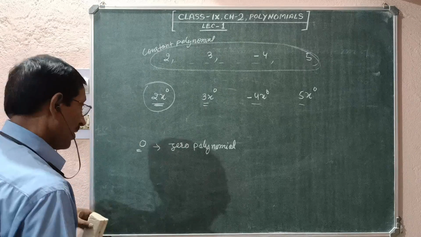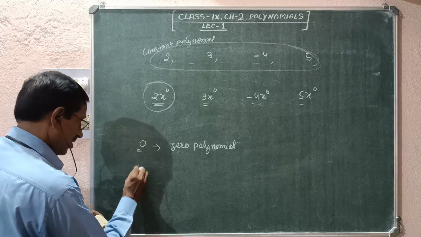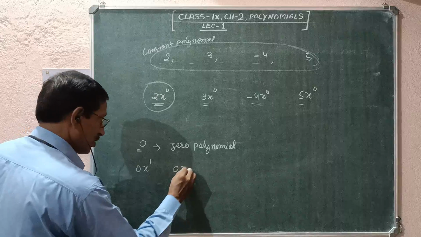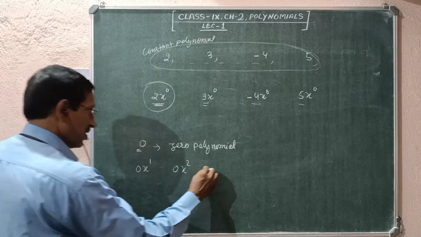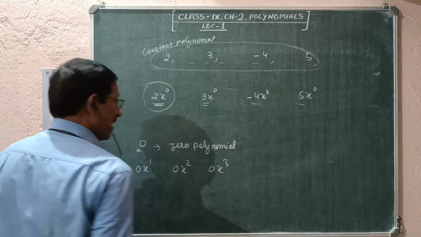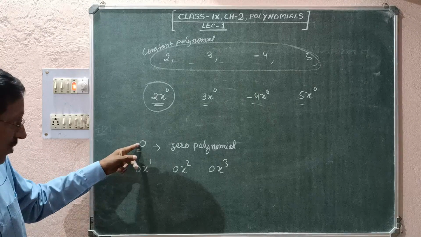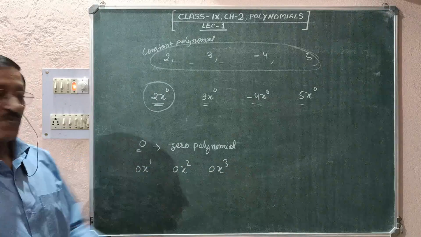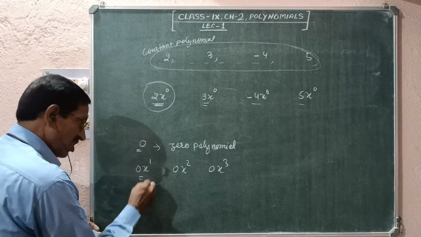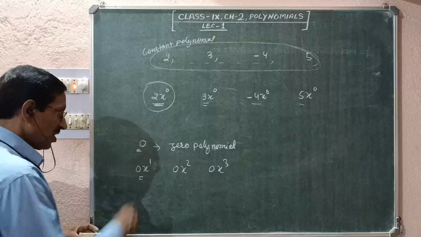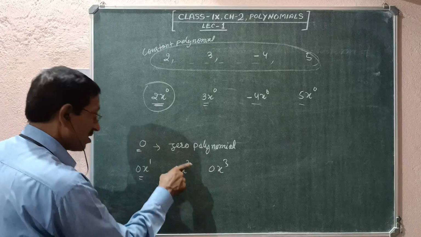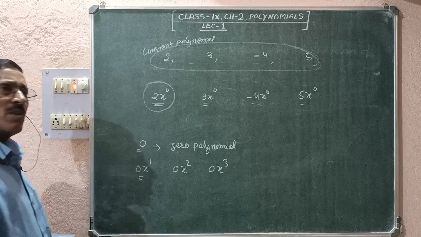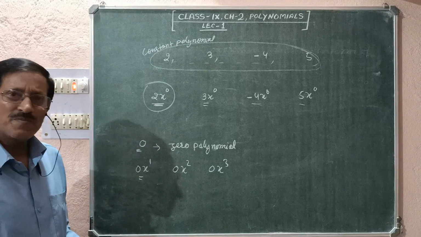Why? Because 0 may be written as 0x to the power 1, 0 may be written as 0x to the power 2, 0 may be written as 0x to the power 3. In this way, this is the fixed one number 0, and it may be written in various forms. So if we write it in this form, its degree will be 1. If written in this form, its degree will be 2. If written in this form, its degree will be 3. So what will be the degree of 0? What will you say?